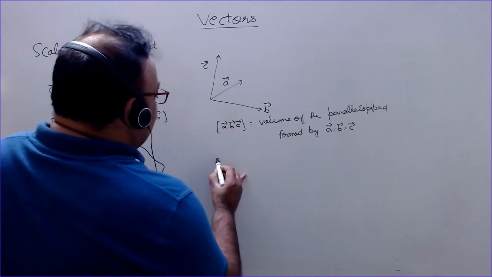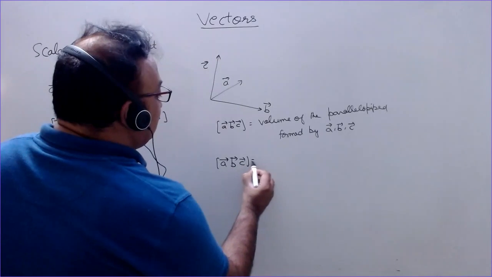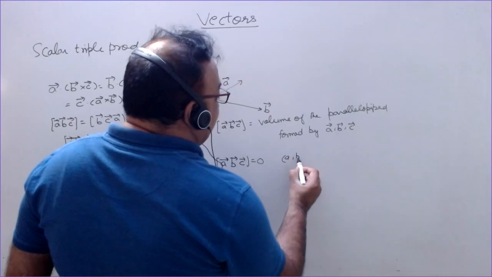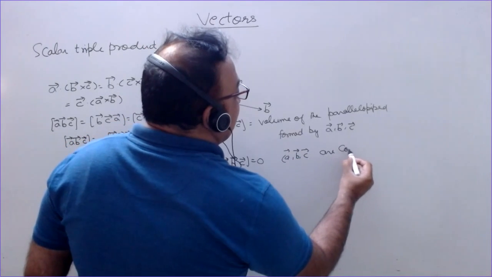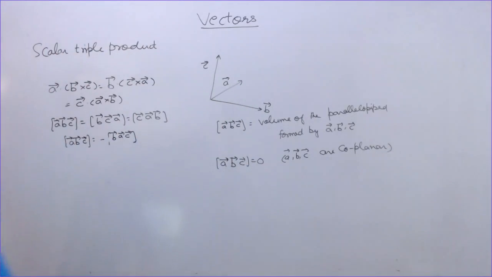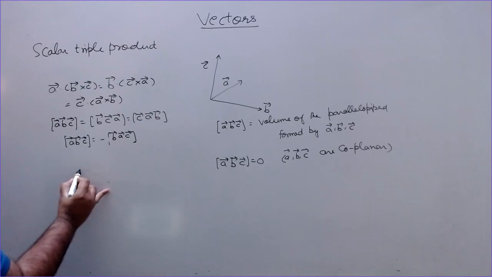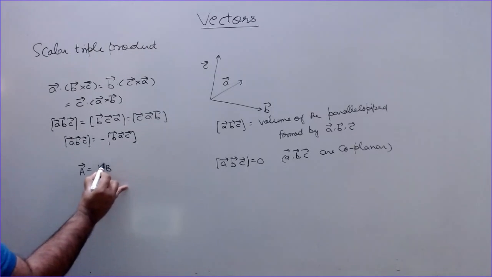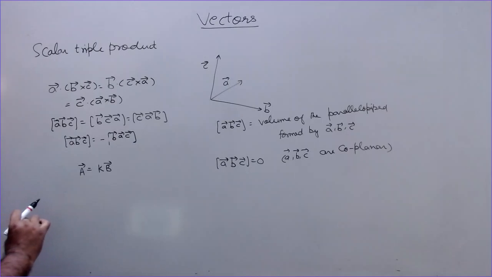So if [A B C] is equal to 0, it means that A, B and C, these vectors are coplanar. They are lying in a plane. Similarly, if you find a vector A is equal to k times another vector B, it means they bear a fixed ratio, which is k to 1.